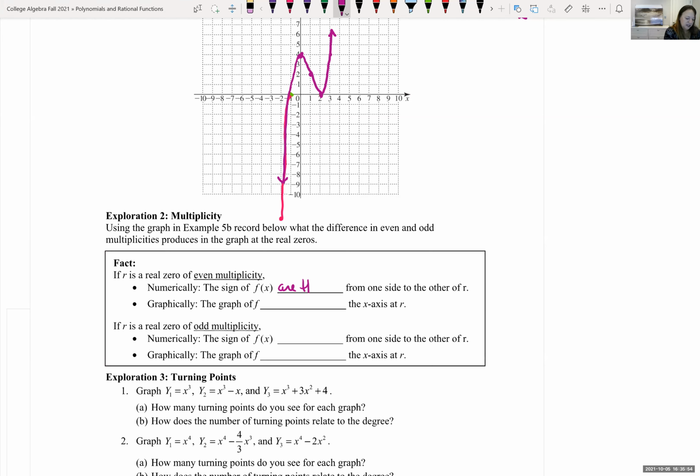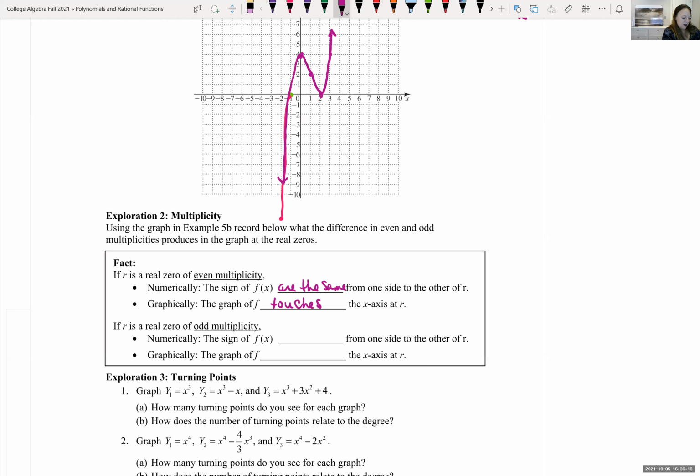Graphically, the graph of f touches the x-axis at r. So we saw at x equals 2, it was even multiplicity. Each side we looked at was positive, and it just touched there.